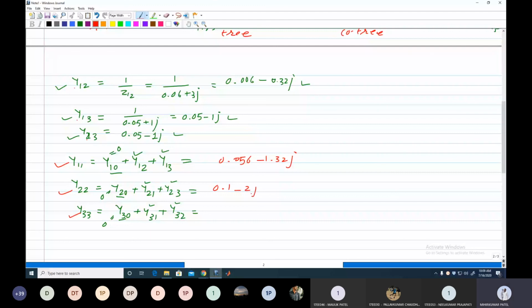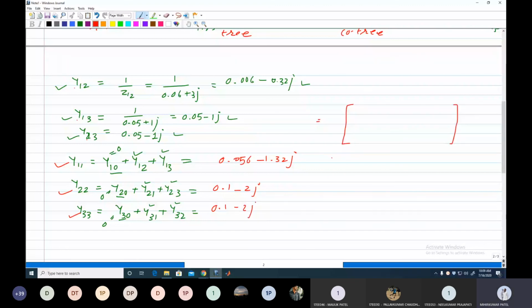Just verify it by yourself. Y31 and y32 are, yes, 1,3 and 2,3. It remains the same, 0.1 minus 2j. Clear? So the final matrix you have to write.